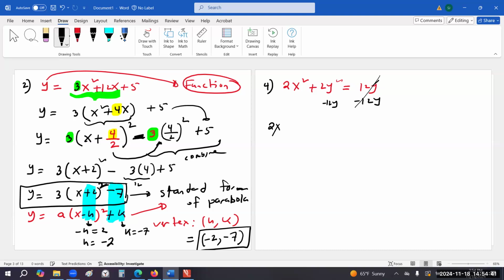So the first problem is solved. Now we face the second problem: x squared and y squared have a number in front of them. But in order to complete the square, we don't want any number in front of x squared and y squared. Luckily, we have the same number. So how can we get rid of that number? Just divide. We're going to divide everything by 2.